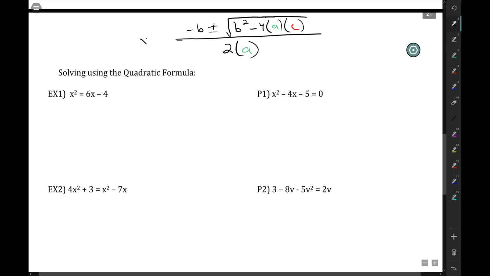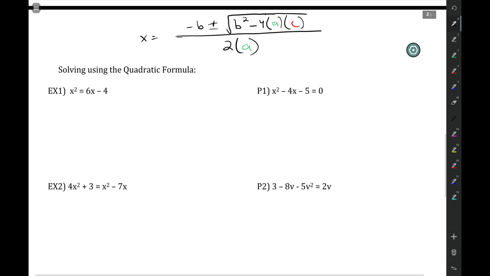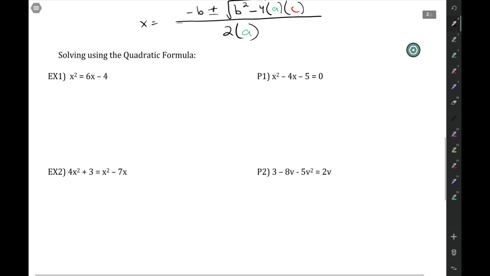Again, it only works for standard form. So basically, I'm just going to run through all these examples with it because it takes a lot of practice.